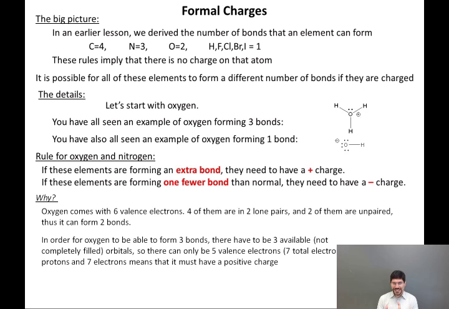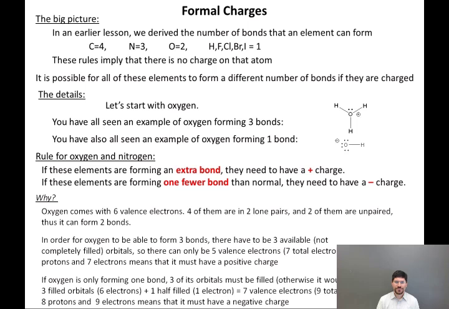Now, to use this next analysis I'm going to go into, we need to add in the 1s electrons, the core electrons. So oxygen with a positive charge has 5 valence electrons, plus the 2 core electrons, for 7 total electrons. Oxygen has 8 protons. That's what it means to be oxygen, to have atomic number 8, but only 7 electrons around it. Therefore, it must have a positive charge.